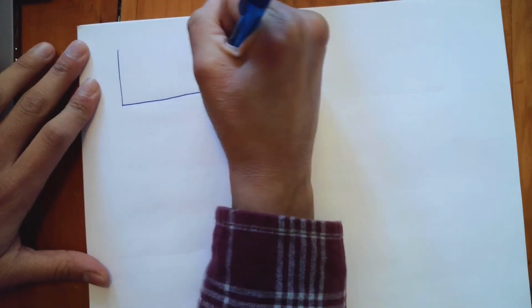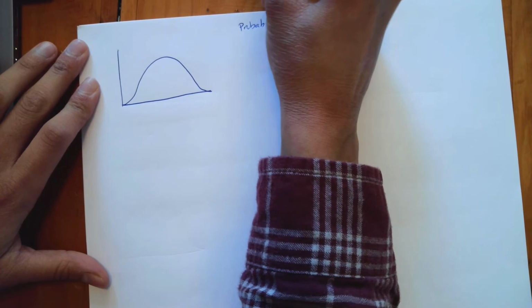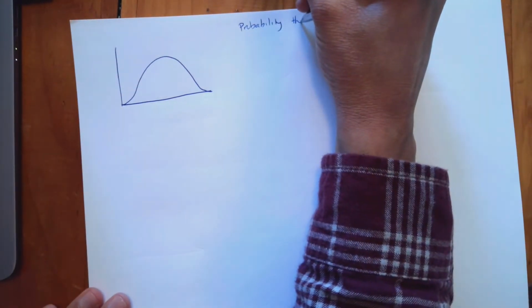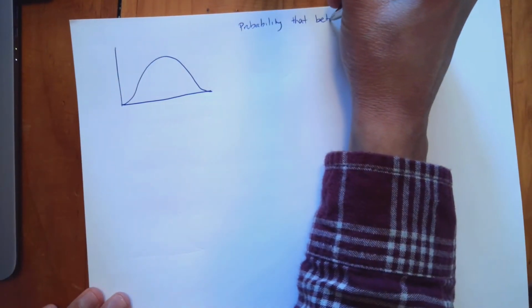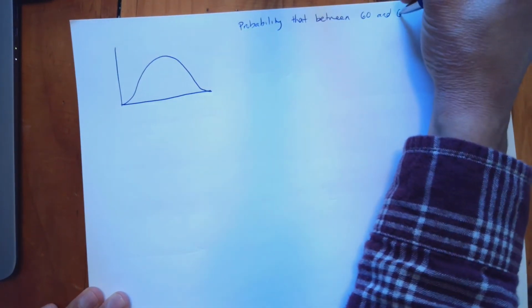All right, so I'm going to go through another couple examples here of different types of areas that you might find. For example, you might want to find an area that's going in the negative direction. So let's say, for example, that we want to know the probability that between 60 and 65 items will be stolen.